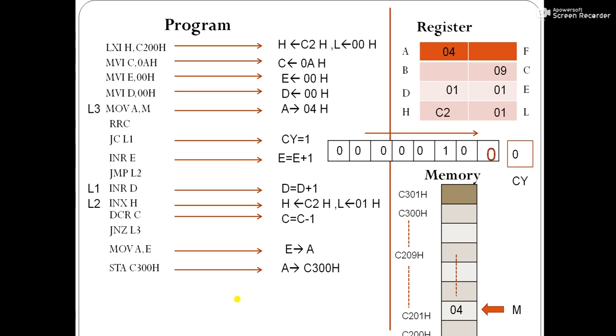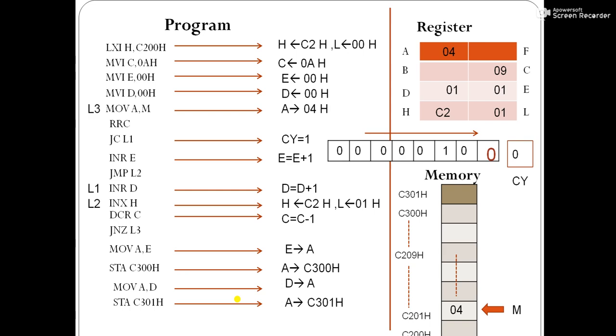Similarly, we also have to move the count of odd numbers from register D to memory location C301H. For that, we first transfer from register D to the accumulator by using the instruction MOV A, D, and then from the accumulator to memory location C301H.